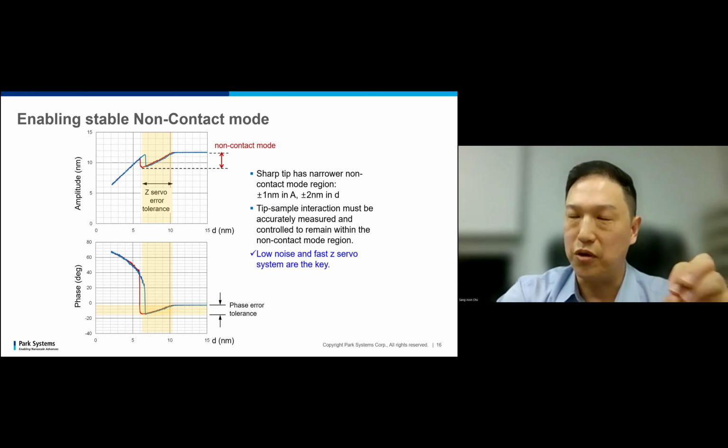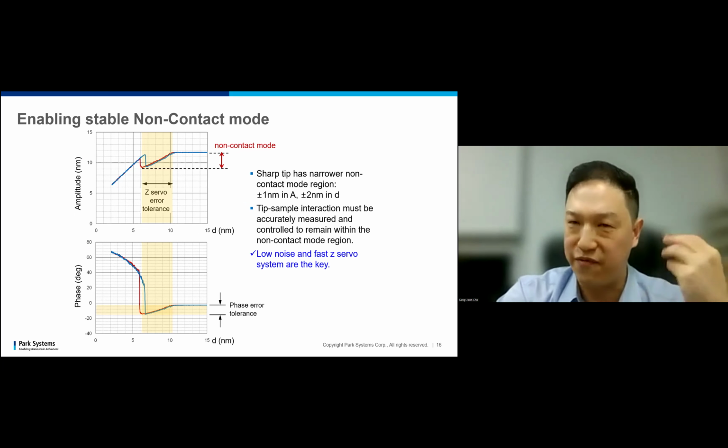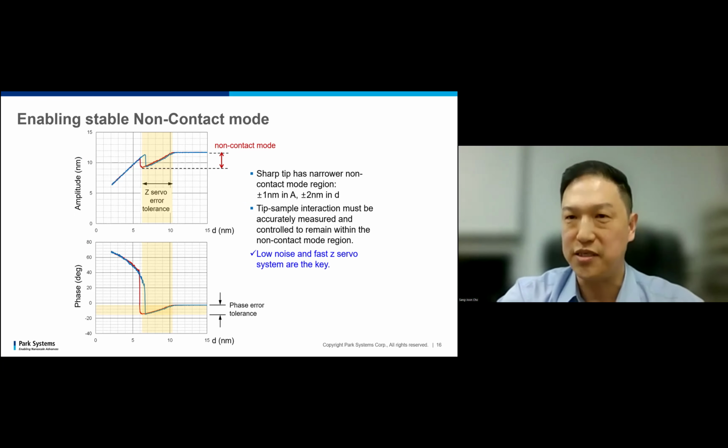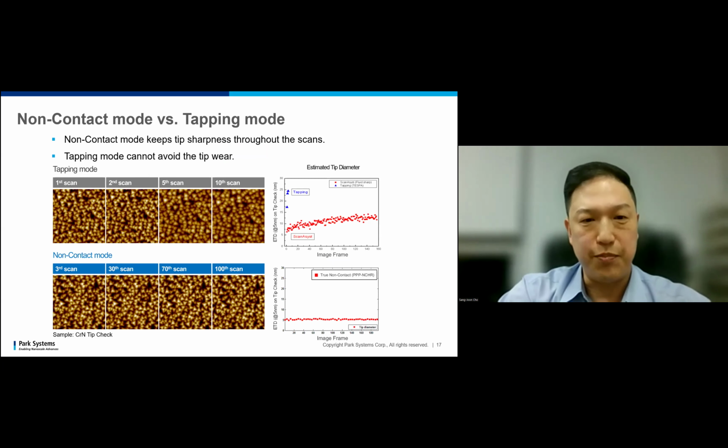To achieve these things, you have to have very low noise in the system, and you have to have a fast Z servo system. That's why we separated the XY scan from the Z scan. And this is one example of how non-contact works.